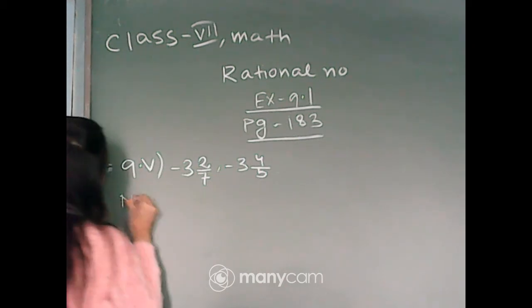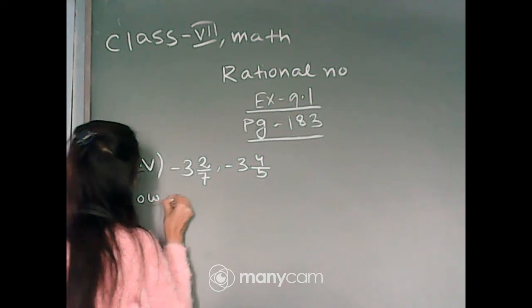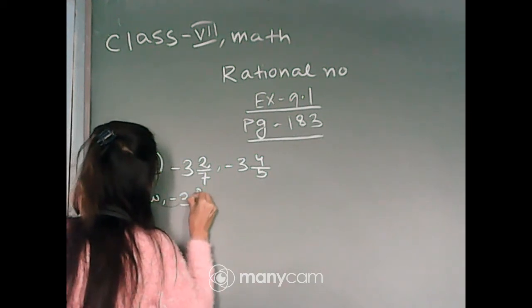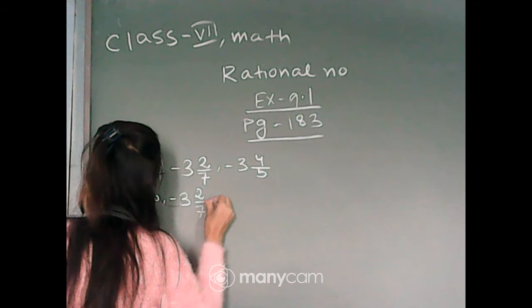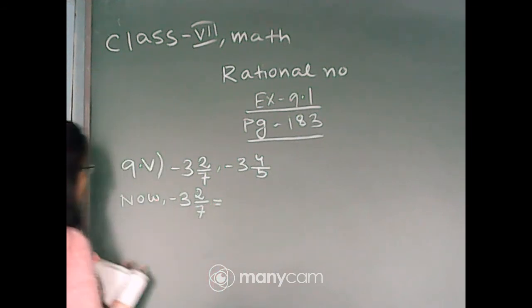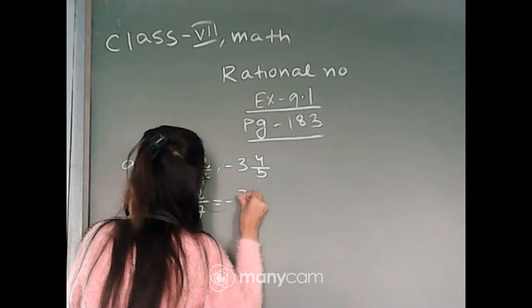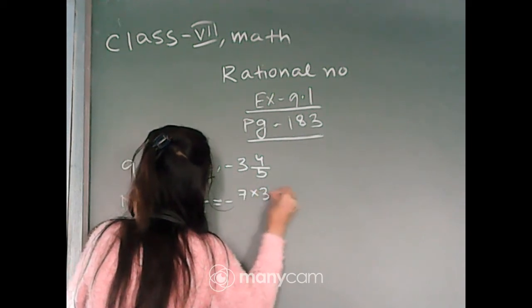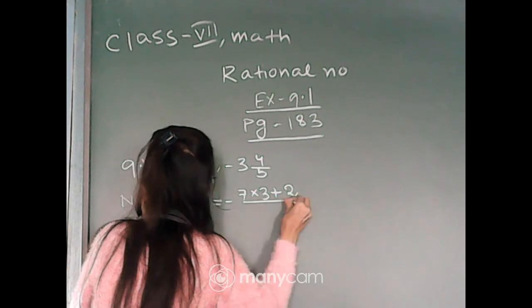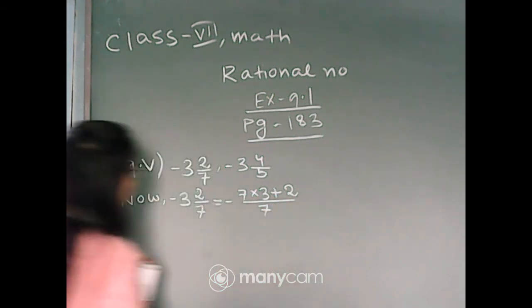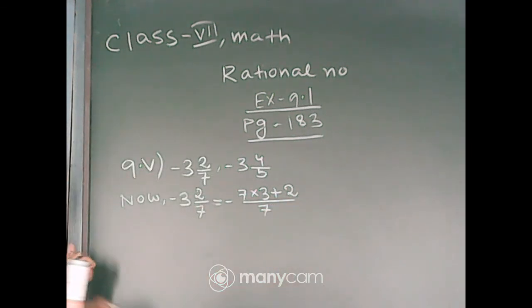Now, minus 3 whole 2 divided by 7 is equal to minus 7 into 3 plus 2 divided by 7, isn't it? Because in the previous class we have discussed this.